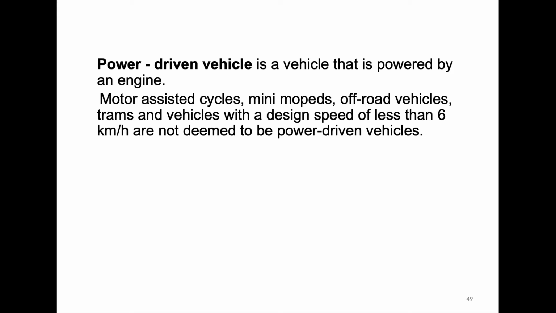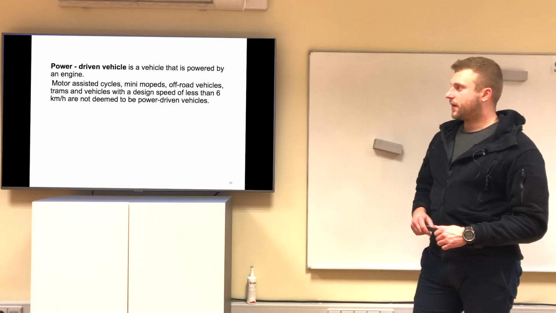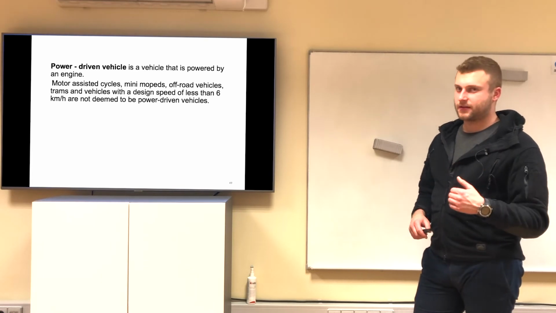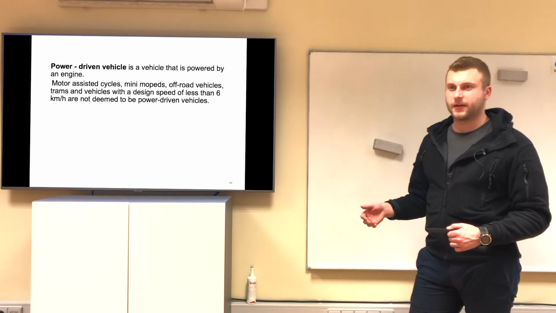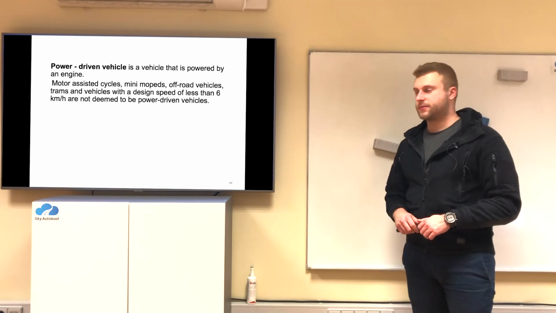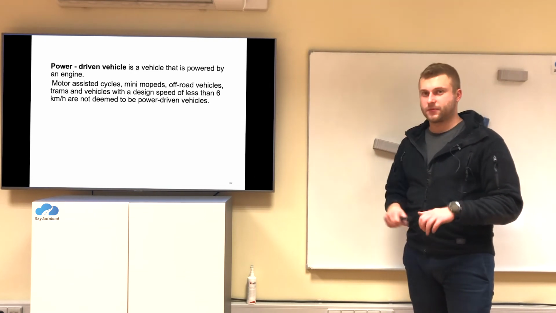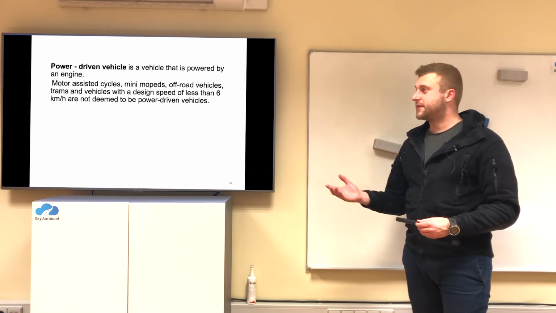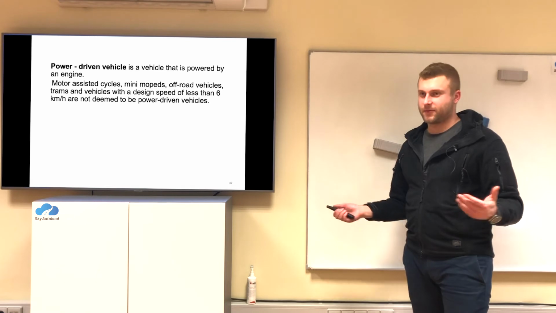But if this engine cannot propel you faster than 6 km/h, it's not a power-driven vehicle then. If it's less than 6, it's just a casual vehicle. For example, small bicycles with a small engine cannot get more than 6.